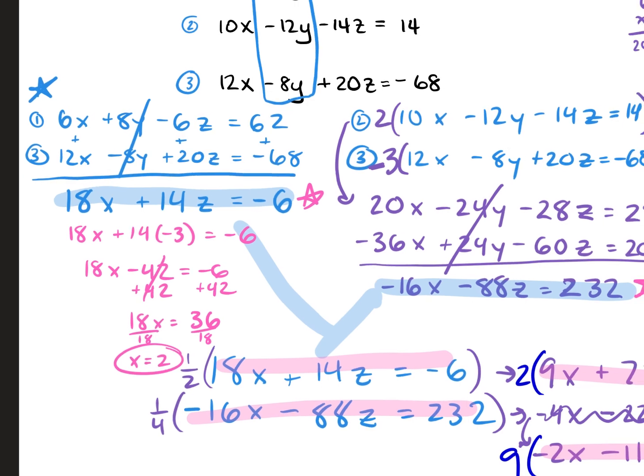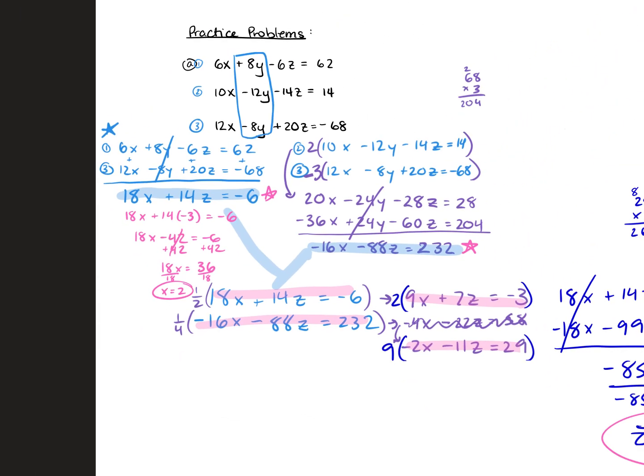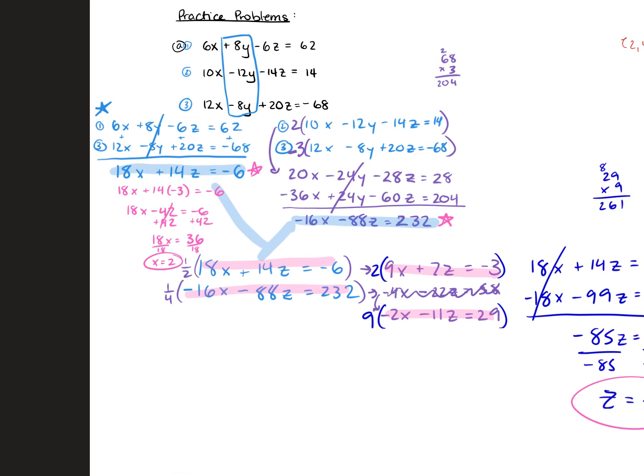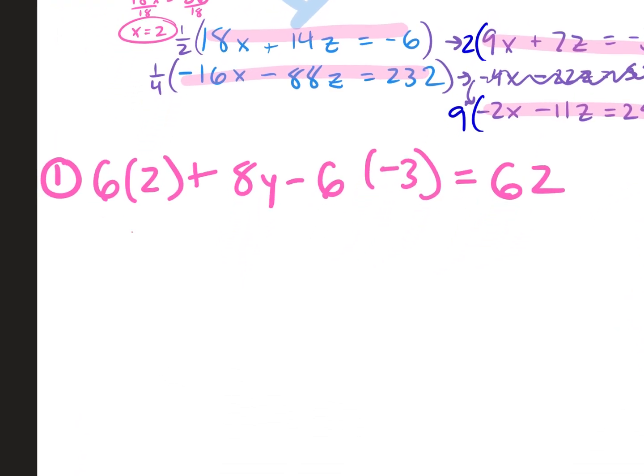What do we do next? Now I'm going to take both of my answers and plug it into one of the original ones. I'm going to plug it into equation 1. So 6 times 2 plus 8y minus 6 times negative 3 is equal to 62. 6 times 2 is 12 plus 8y.